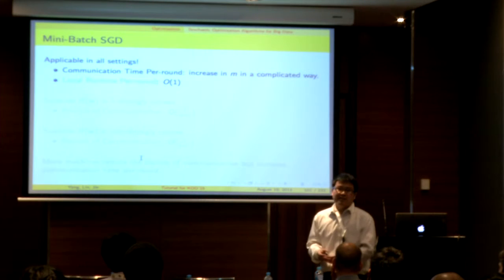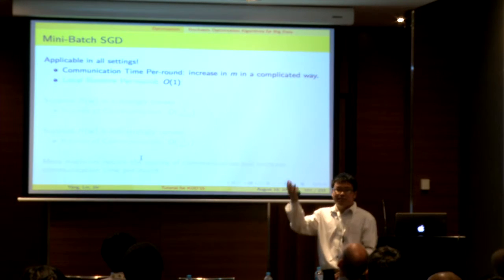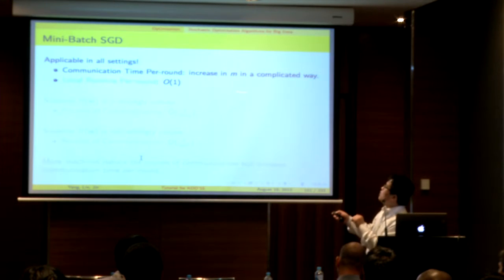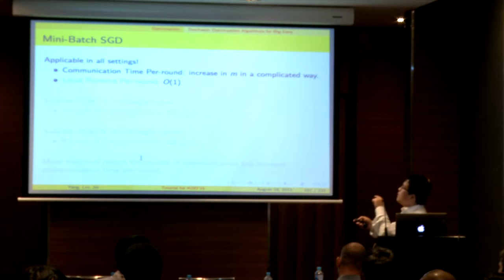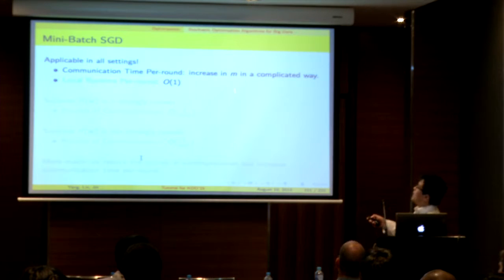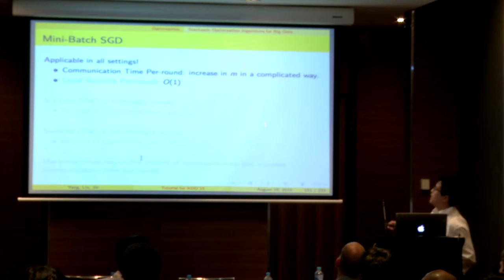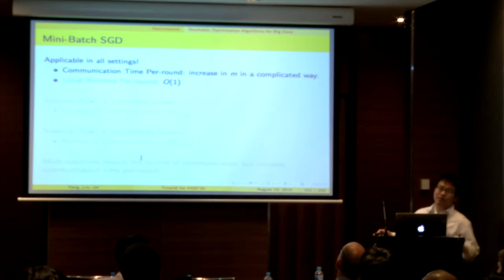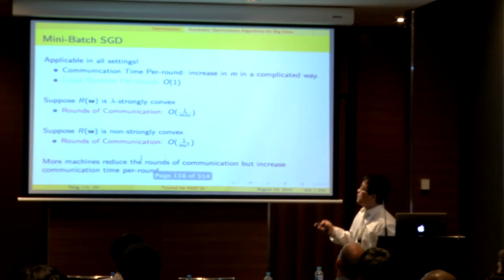It depends on the system. It's already beyond optimization, beyond machine learning. So I don't want to write a complexity here, because it's not simply O(m) or square root of m or log m. It's nothing complicated. But what we know is that, of course, if you have more machines, the communication time per round will increase. So we only know it's monotone, but we don't know any specific formula.